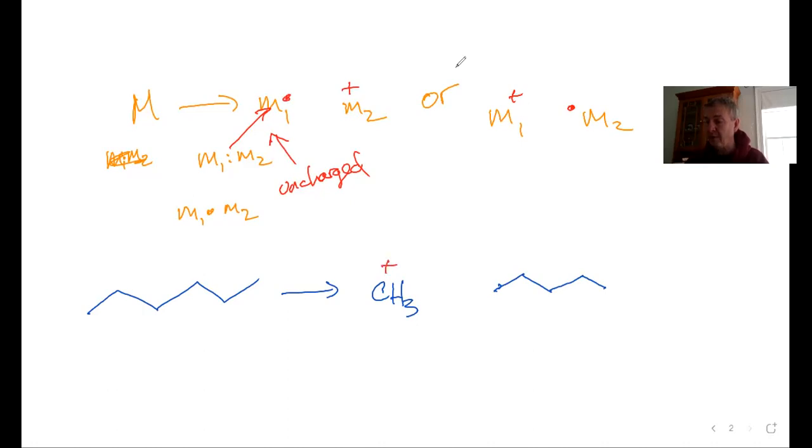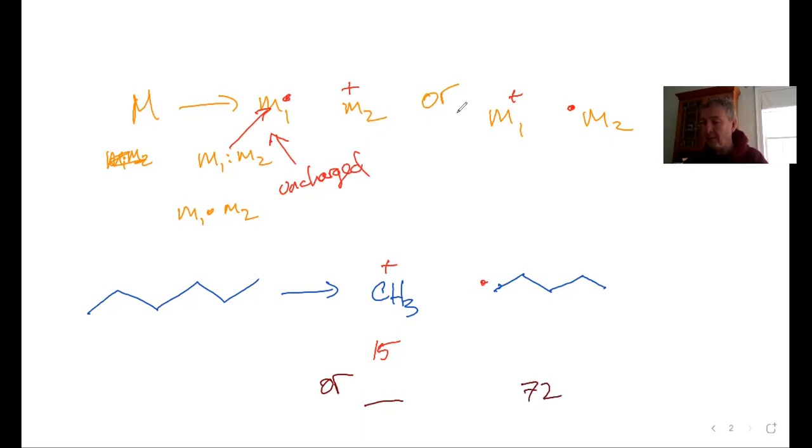You could either have the plus charge there, in which case it would have a mass of 15, right? Or that could be uncharged, and this would have a mass of whatever, the 60 and whatever. You'd think I'd be good at this, 72.